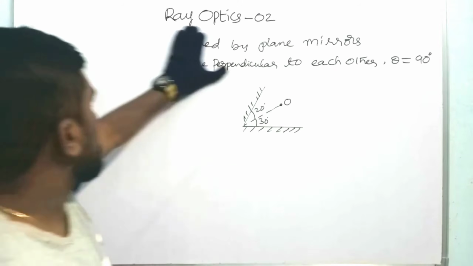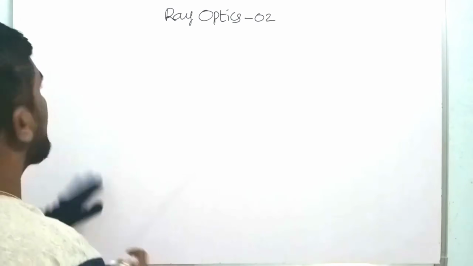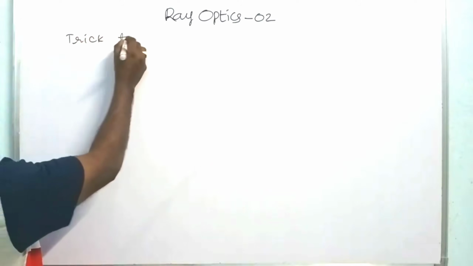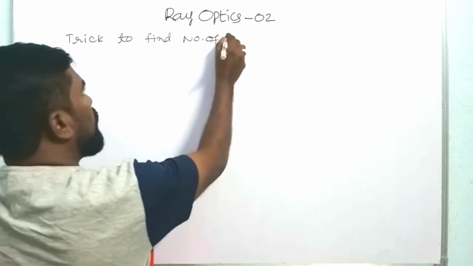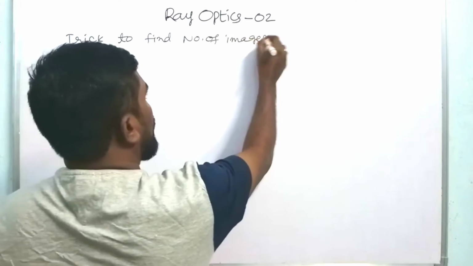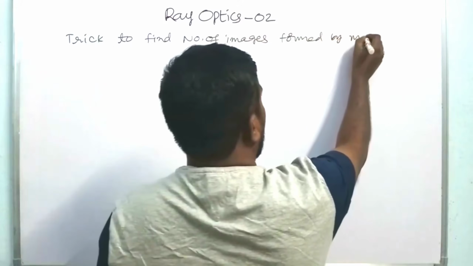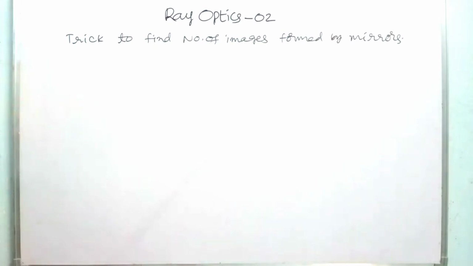Okay, right. Trick to find the number of images formed by plane mirrors.